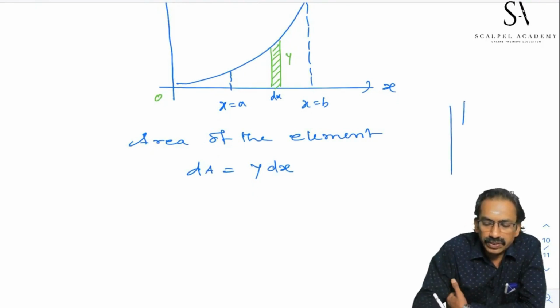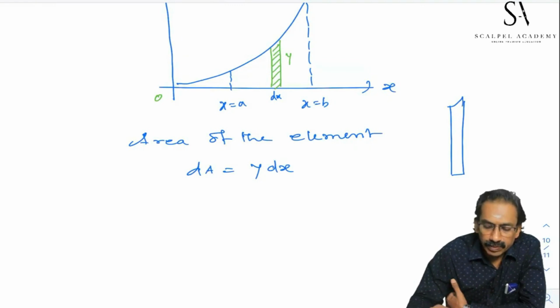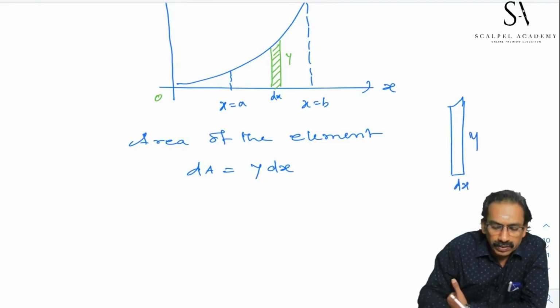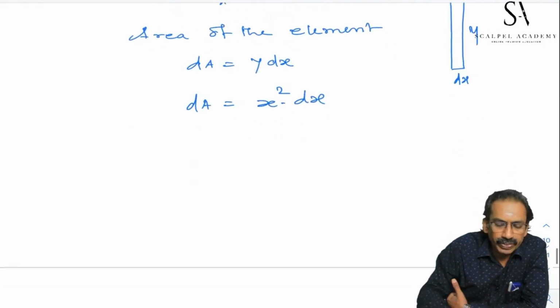This element looks like a rectangle if delta x tends to 0, or dx tends to 0. The y function is given as x squared, so dA is x squared dx.